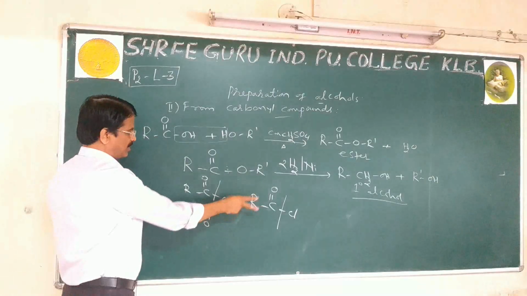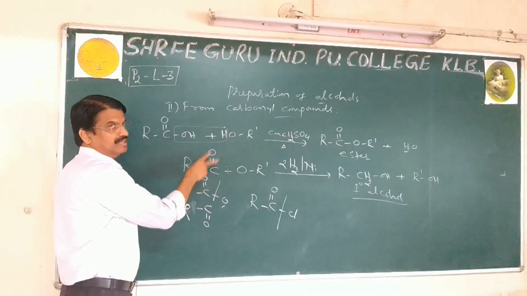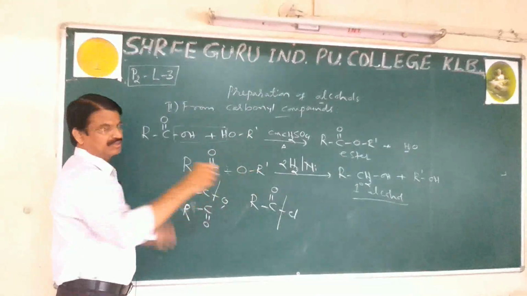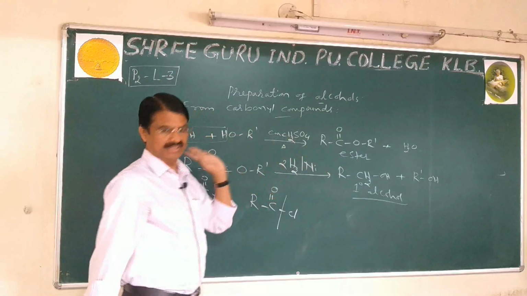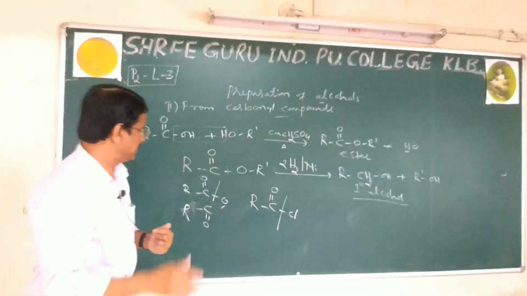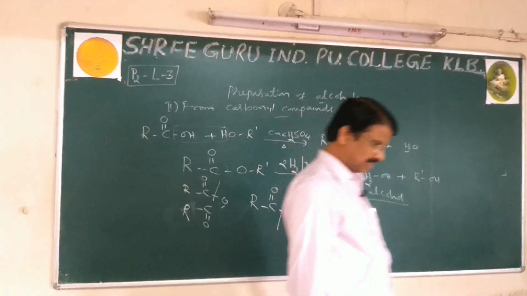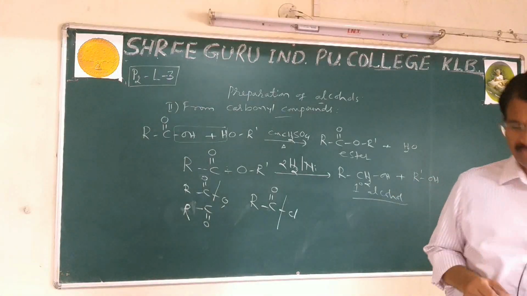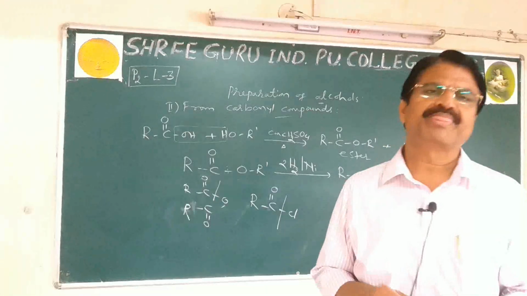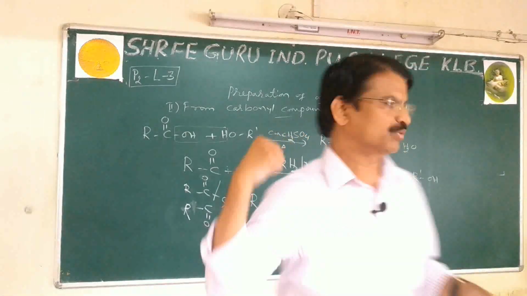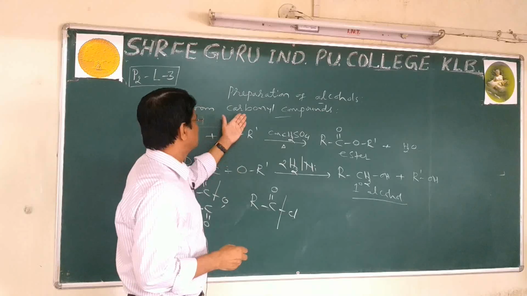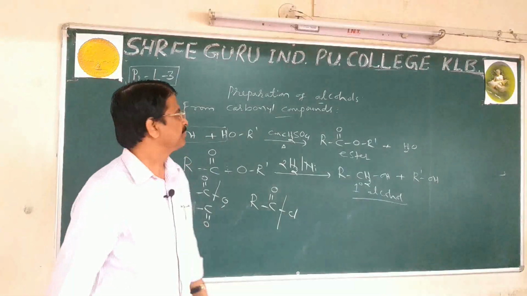Means acid chlorides, acid anhydrides, esters, carboxylic acid, all these give the same product, that is called primary alcohol. So this is about conversion of carbonyl compounds into what? Primary alcohols. With examples I covered how to convert carbonyl compounds into primary alcohols.